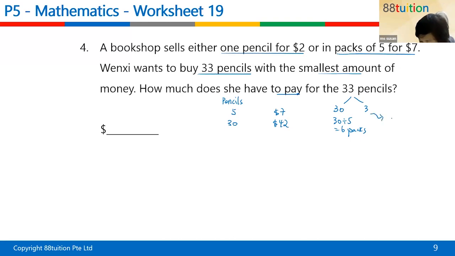But I remind you, there are 3 pencils left, so for the 3 pencils you must pay $2 each. So that's where you get 42 plus 6, that gives you 48. Okay?